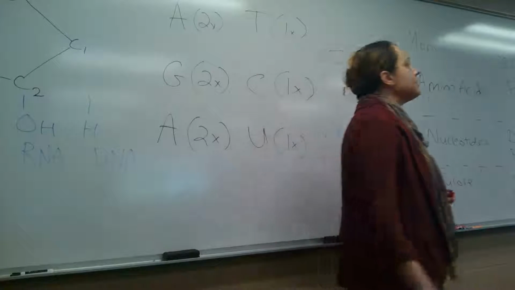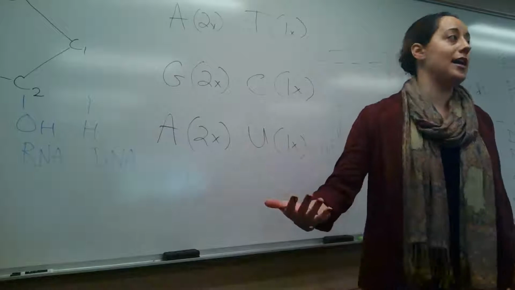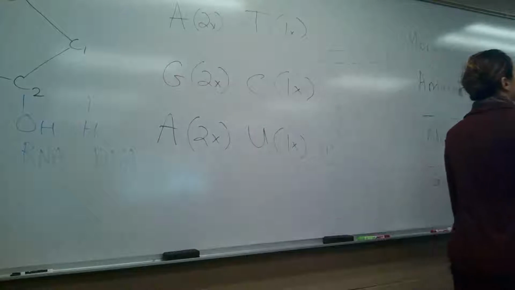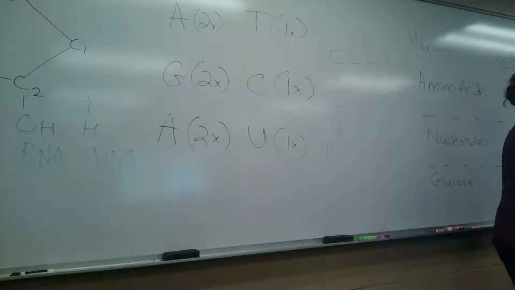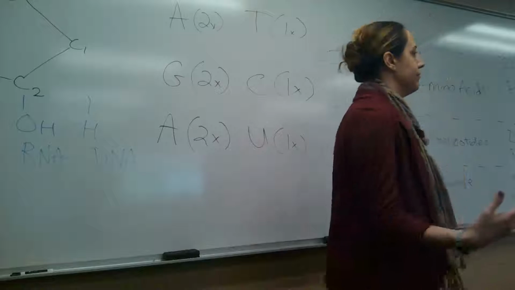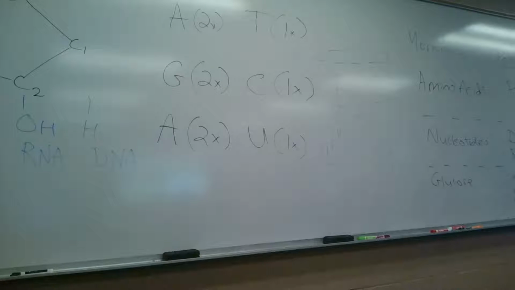As I just said, the 3' hydroxyl is where we add the next nucleotide. So we say that DNA is synthesized 5' to 3'. As we add in the next nucleotide, we add a 5' phosphate. It binds to that 3', and then we have a new 3' hydroxyl.